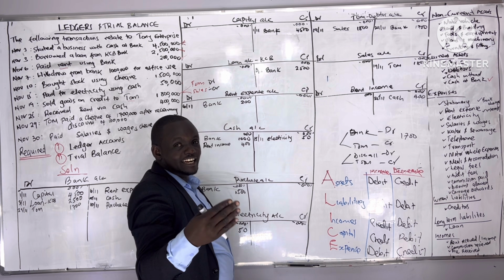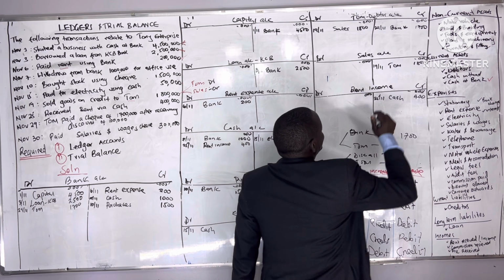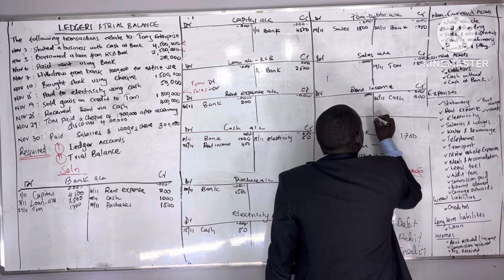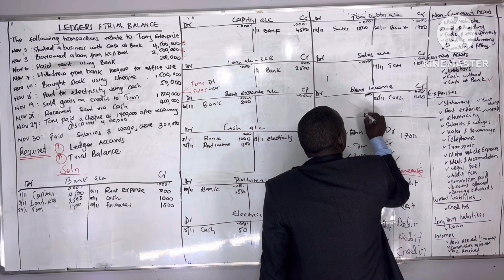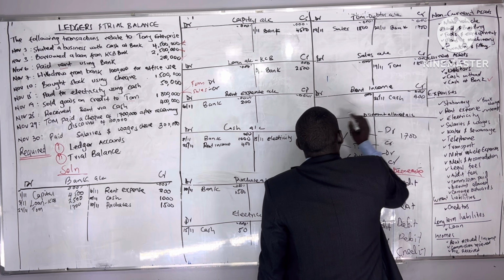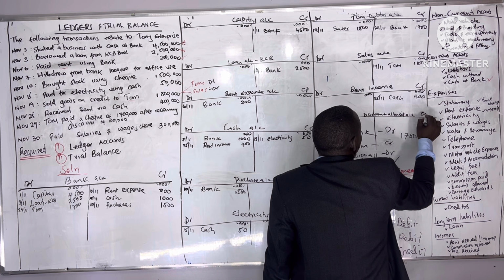So we shall debit discount allowed, and credit the person who got the discount, because we are reducing the debtors. Let me open a discount allowed account here, with a debit and a credit.